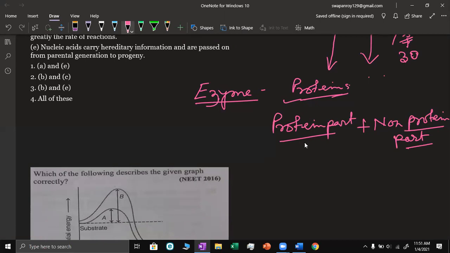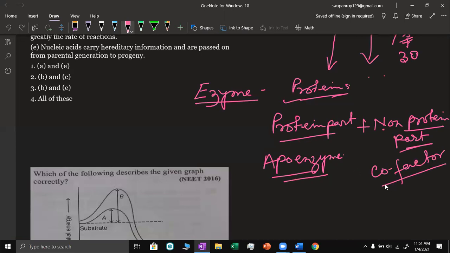The protein component is called apoenzyme, and the non-protein component is the cofactor. So an enzyme may consist of apoenzyme and cofactors.